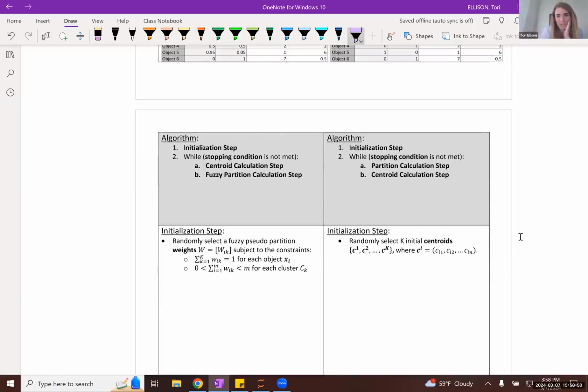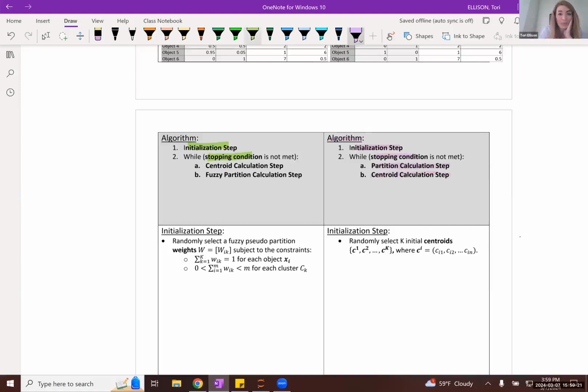So in k-means, we've seen this before, we have our centroid initialization step. It's going to be the same thing for fuzzy c-means. And then much like in k-means, until some sort of stopping criterion has been met, we are going to iterate through the partition calculation step and the centroid calculation step.